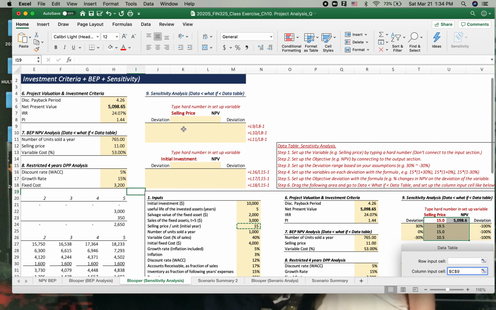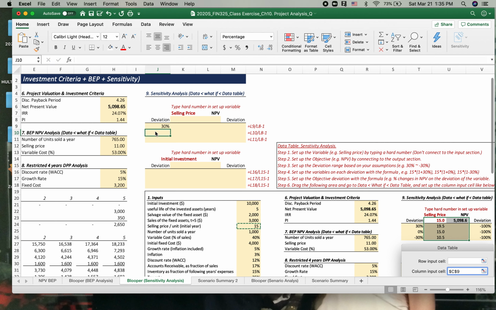So let's try the sensitivity analysis. For the selling price, we can say maybe the selling price is one of the most sensitive input variables that affect the NPV a lot. Then selling price, and then some deviations. We can just set up 30%.